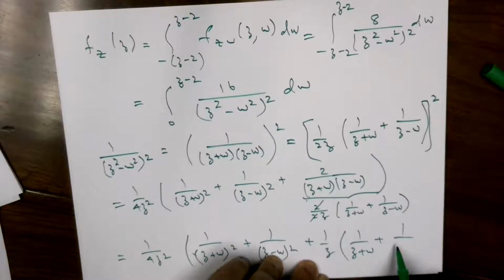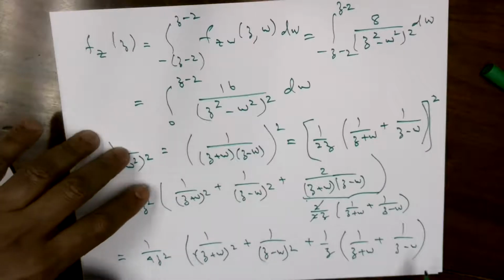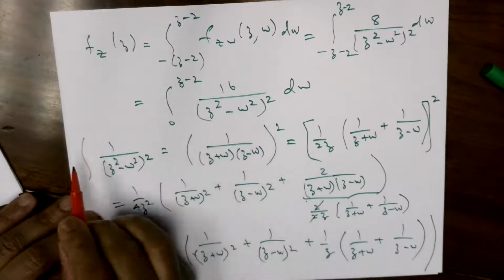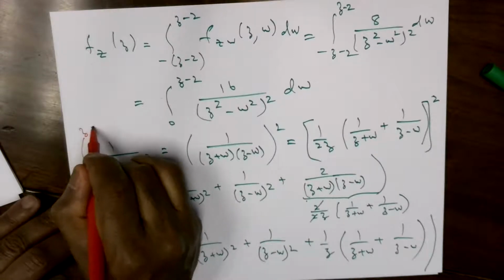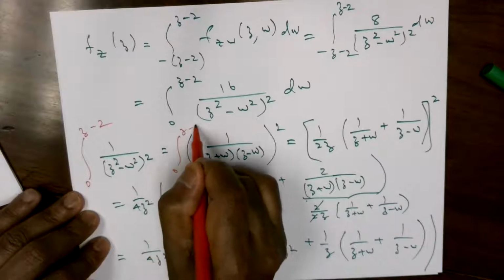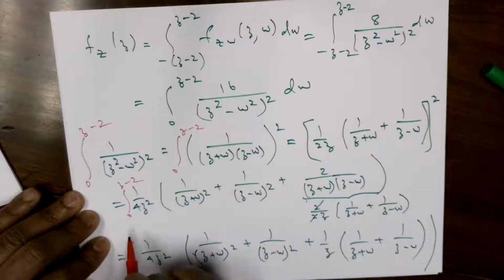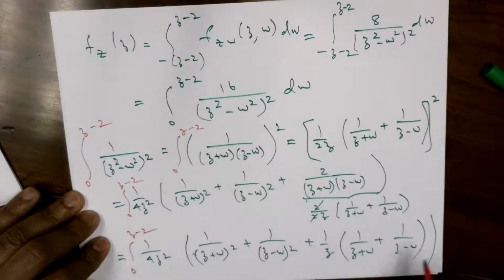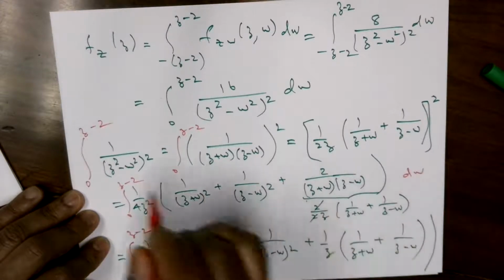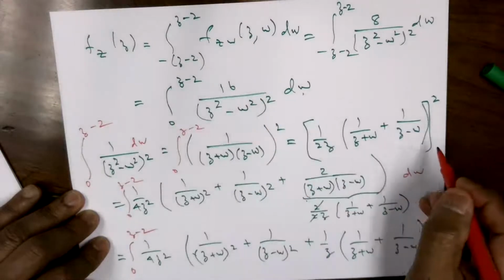Here each term is easy to integrate because it's either linear or quadratic. So if you want to integrate here from 0 to z minus 2, we just integrate everywhere from 0 to z minus 2. I just have to concentrate on the last thing. Remember, integration is with respect to dw. I'll bring in the 16 a bit later.